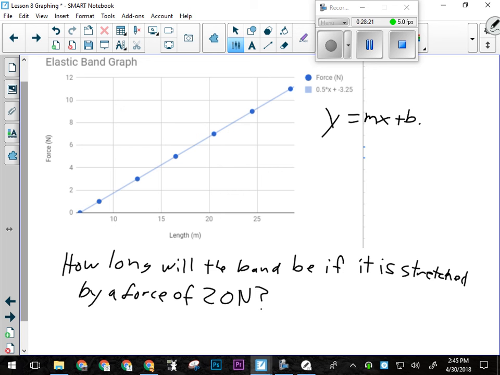Obviously, 20 newtons is not on my graph. It's past my graph. Is it a y value or an x value, the 20 newtons?